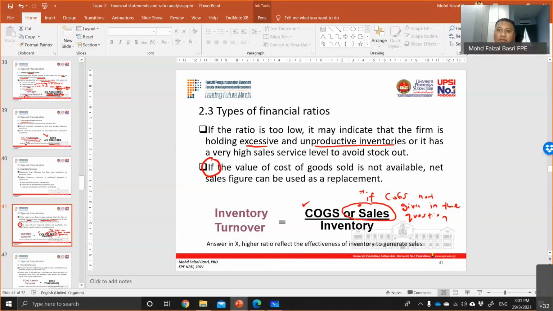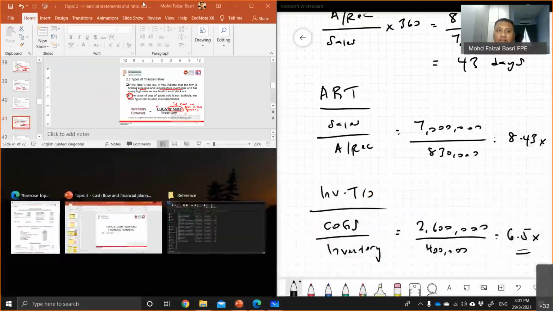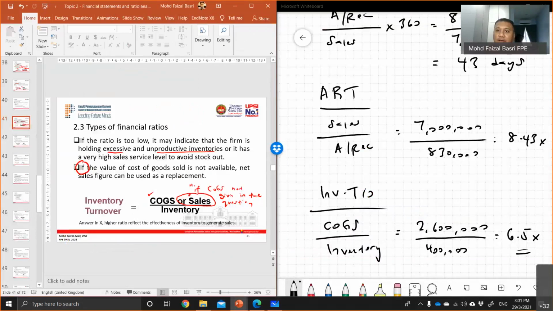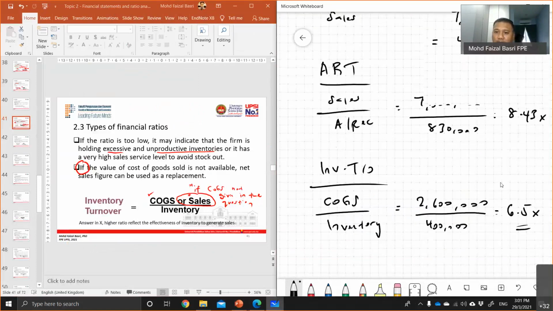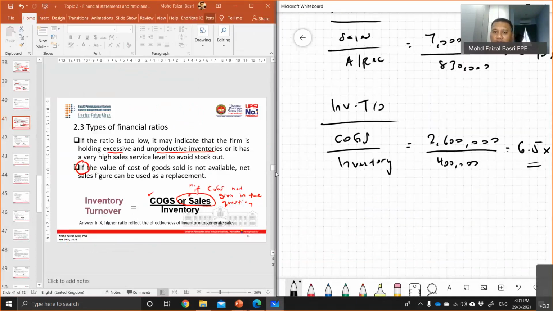Okay, I write for this and just recap how you utilize it. In terms of comments, you will comment after you do the formula or the calculation.